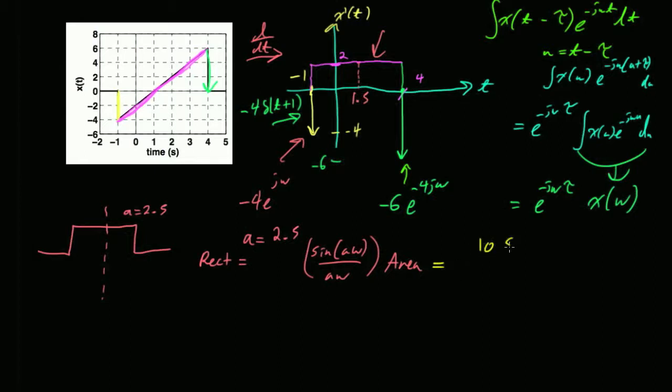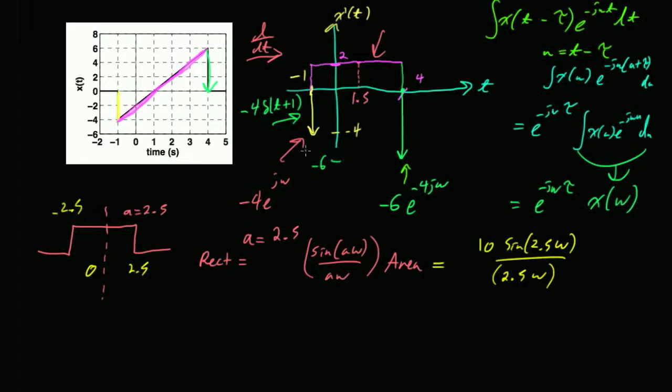And then there's one more thing I have to do to that rectangle. Shift. It's been shifted to the right, because this assumes that the whole thing is centered at 0. But is this rectangle centered at 0? No, it is not. If it was centered at 0, it would go from minus 2.5 to 2.5.